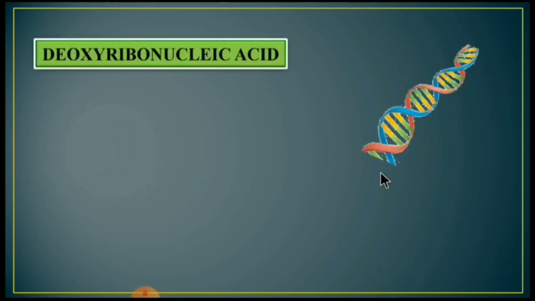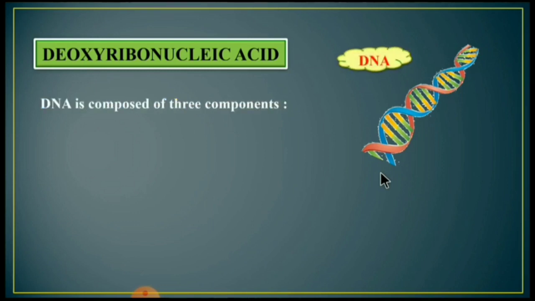When you talk about DNA, I already told you it is a polymer of deoxyribonucleotides. And nucleotides are the building blocks of nucleic acid. Each nucleotide is made up of three components.